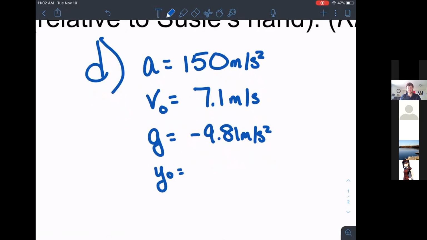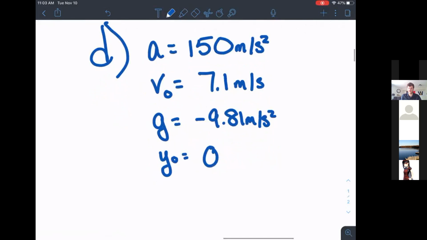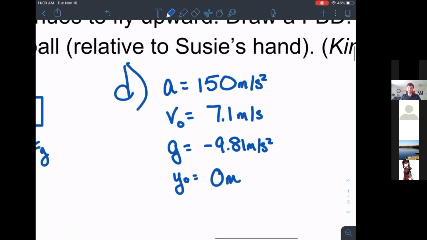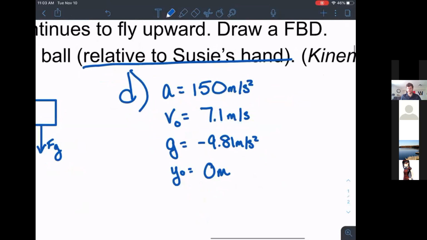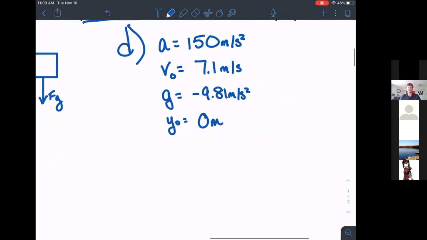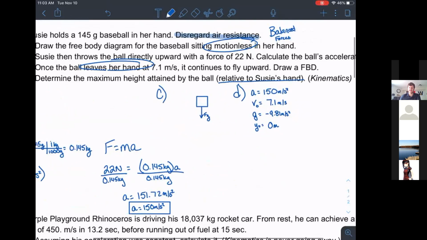What is it? 0? Okay. Wait, but we need to count little Susie's height too. Nope. Oh, okay. Relative to her hand, so we don't have to worry about her height. All right. Anything else? There might be one more thing. Anybody see it? Any ideas?